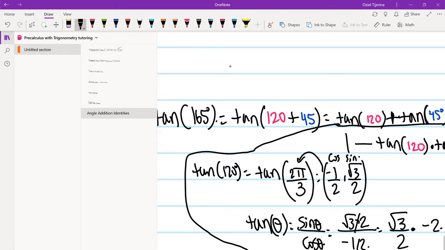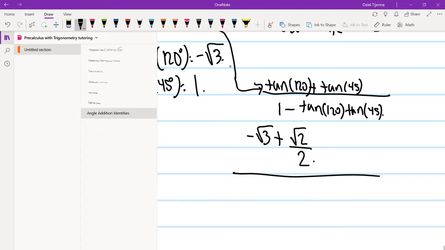So you then just plug in your values. Then you say negative the square root of 3 plus the square root of 2 over 2, divided by 1 minus negative square root of 3 times the square root of 2 over 2.